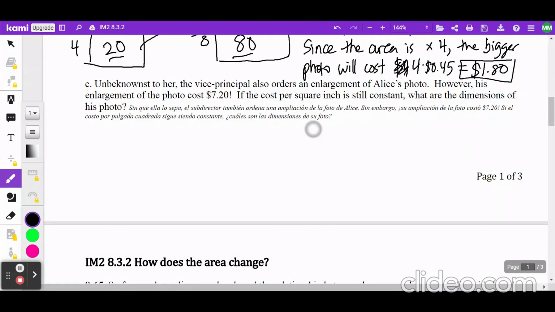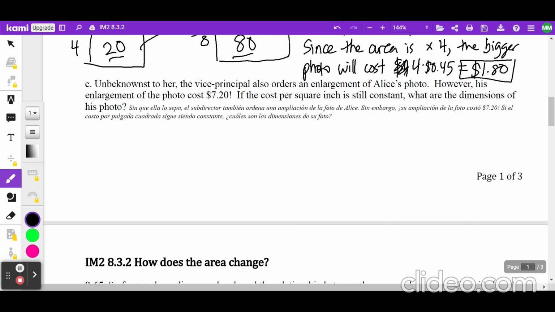Now, surprise to Alice, the vice principal ordered an enlargement of her photo, and his cost $7.20. Can you believe that? That's so big. Okay, let's check.